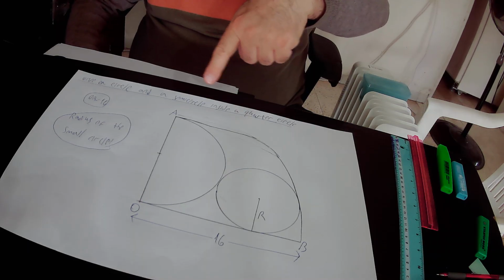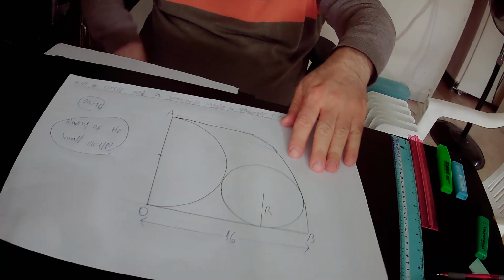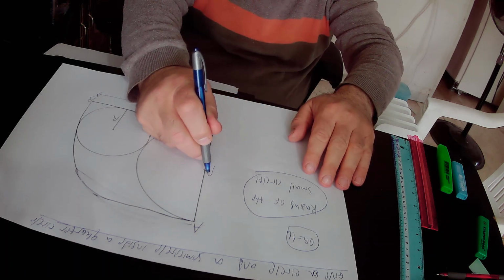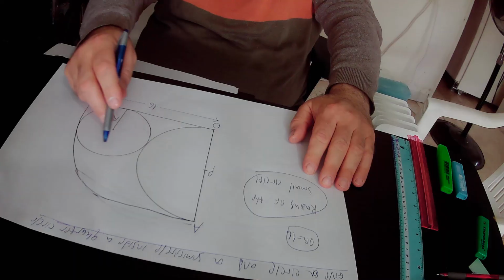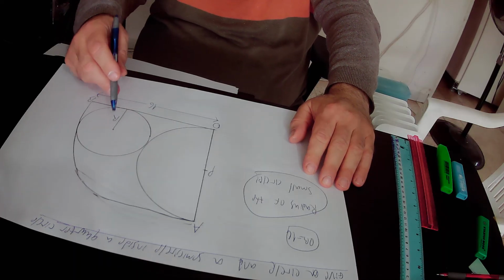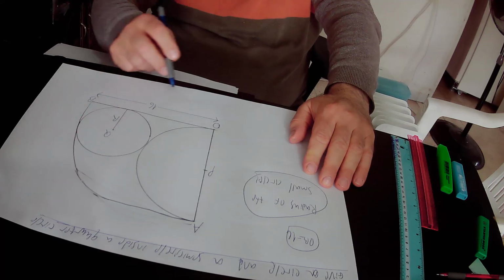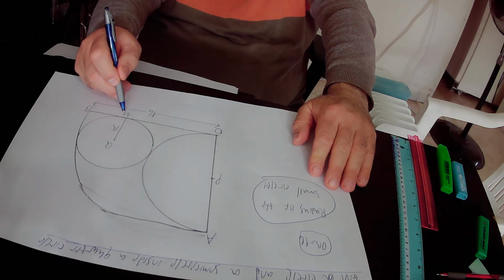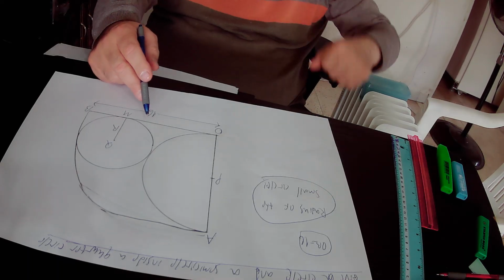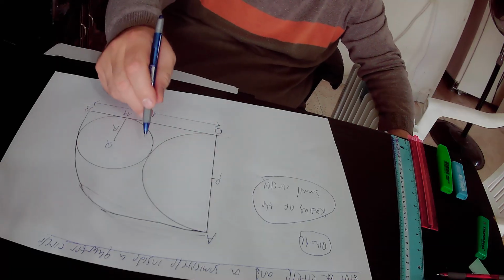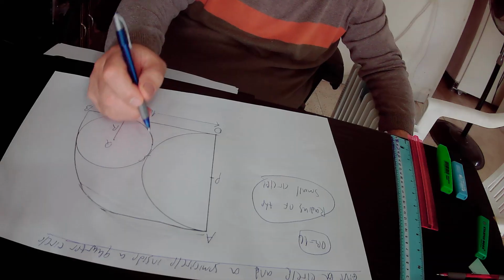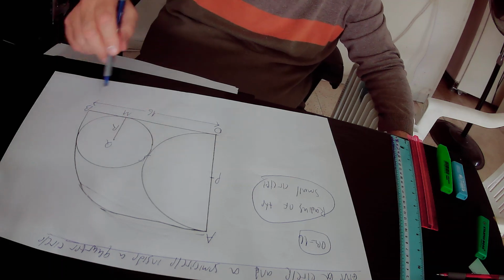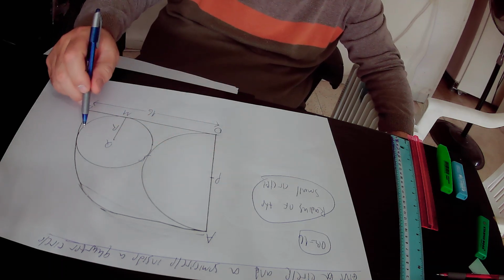We define the center of this semicircle as point P. Likewise, we define the center of this small circle as point Q. We define the point of tangency of this circle with OB as point M. We define the touching point of this semicircle with this small circle as point S. And finally, we define the point of tangency of this small circle with the big quarter circle as point T.